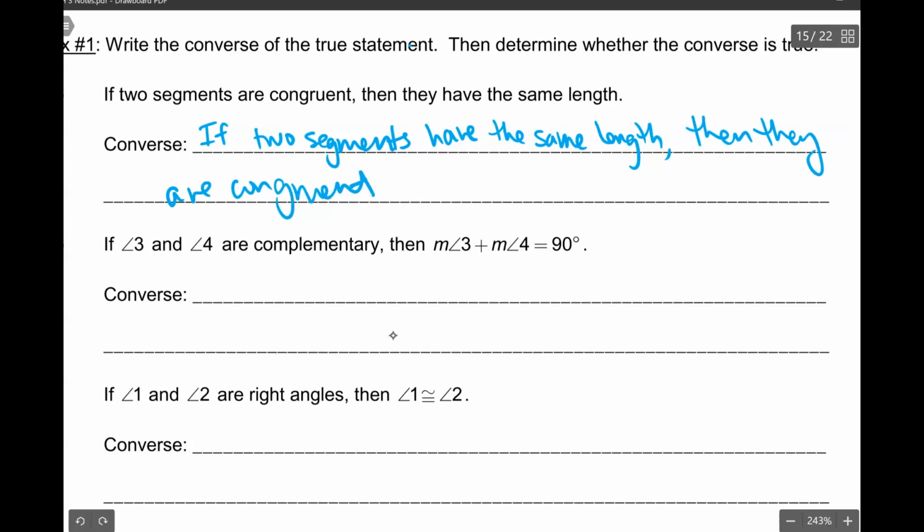That's true, right? If they have the same length, then they will be congruent. If they're congruent, they have the same length. The converse is true.